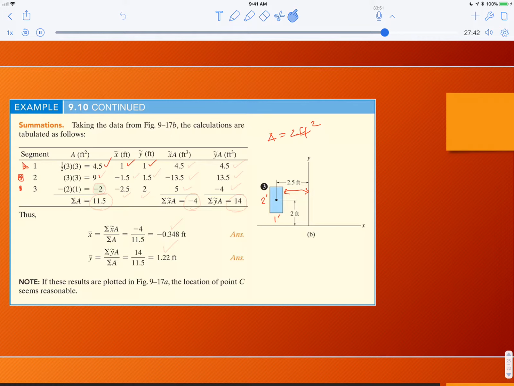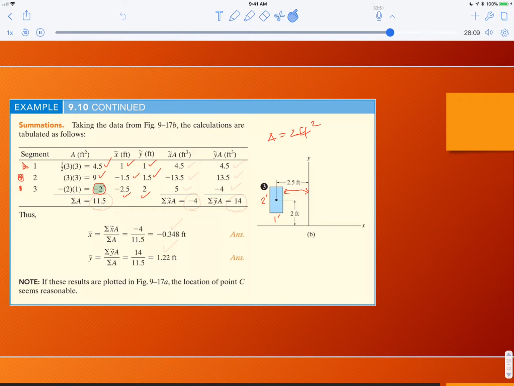The square we got was 9 feet squared, and again, these were the coordinates to that. And here is the area of the rectangle. What's very important here is that this has a negative area because we're subtracting it out. And then we just put in the x and y coordinates, and you use the same Excel spreadsheet that you made earlier.